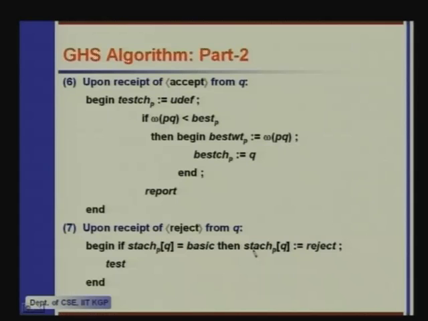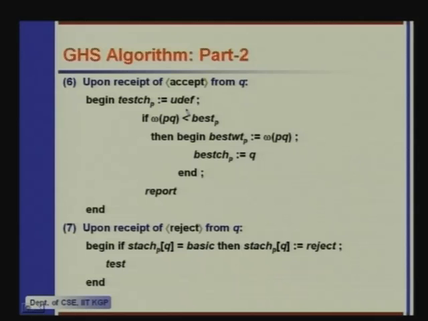Now, what happens when an accept from Q is received? When we get an accept from Q, the local search for an outgoing edge is done.